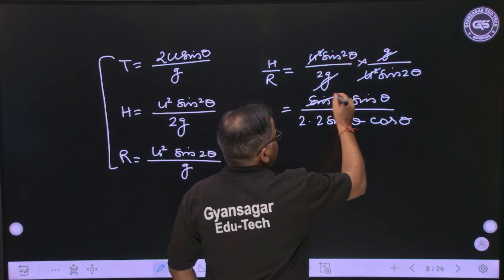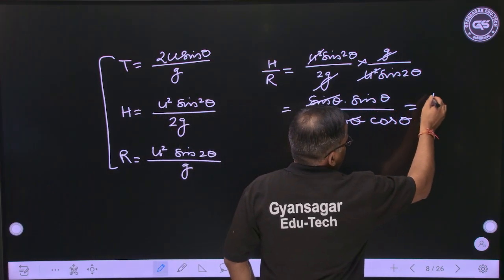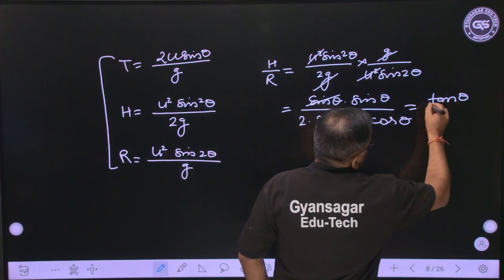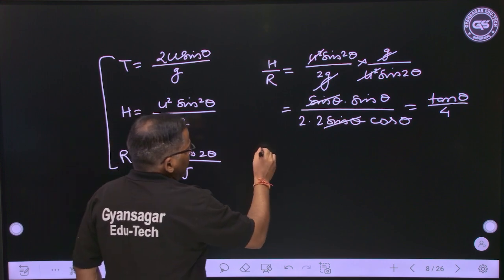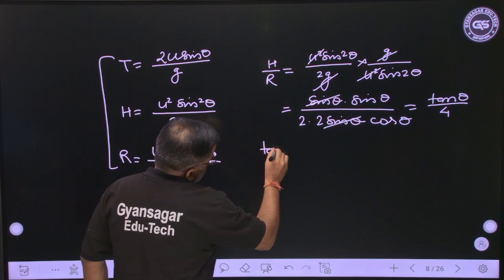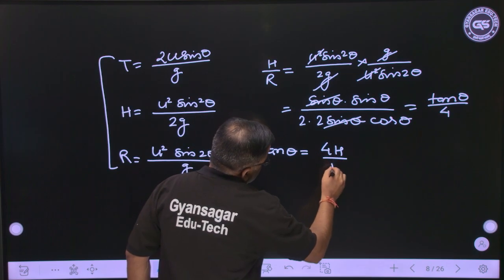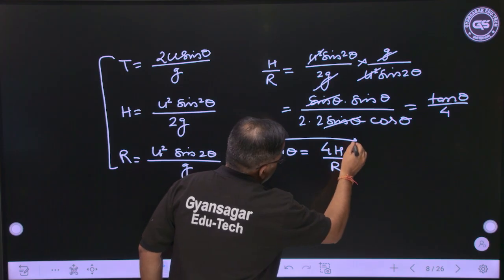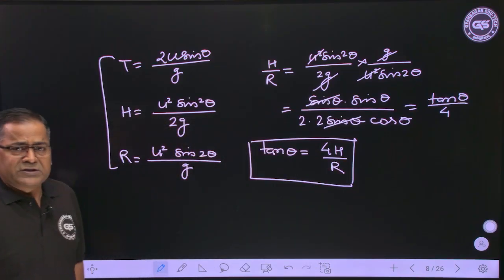So, this sin theta goes away and we have tan theta by 4. So, from here we can say that tan theta equal to 4h by r. Note down this thing also.